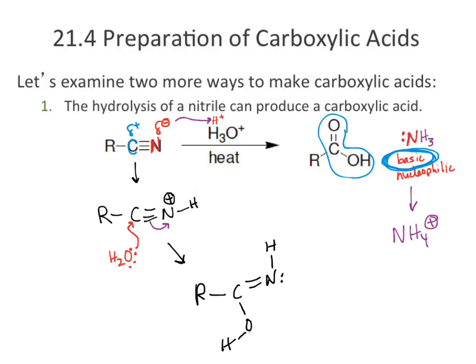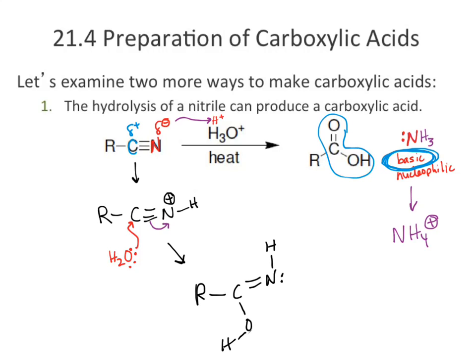As far as why we need heat here, what did we say was the issue with nitrogen? It's nucleophilic, okay? Which means if we're looking at a reaction where I'm trying to put in an oxygen to break a carbon-nitrogen bond, that carbon-nitrogen bond is relatively strong in comparison to the carbon-oxygen bond. How can I help break that bond?